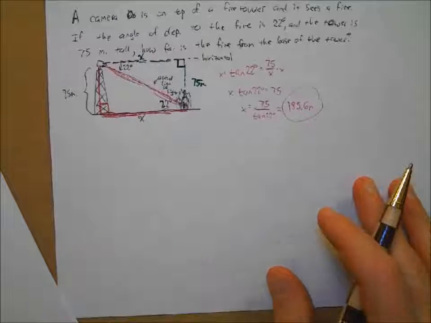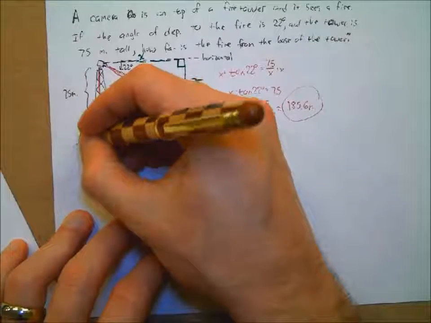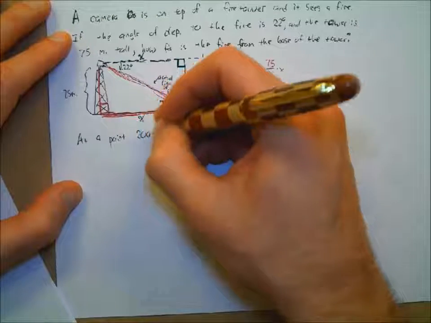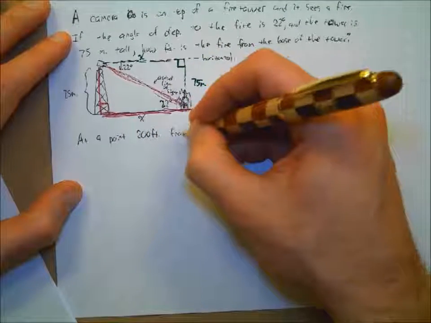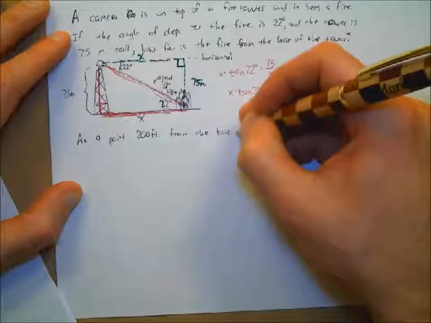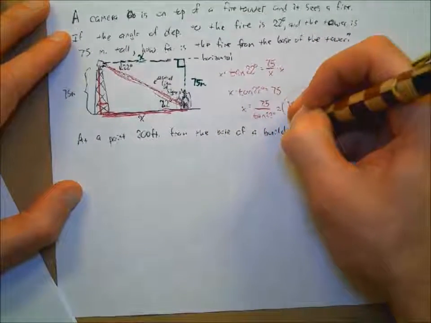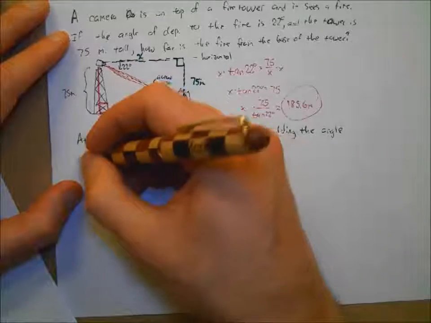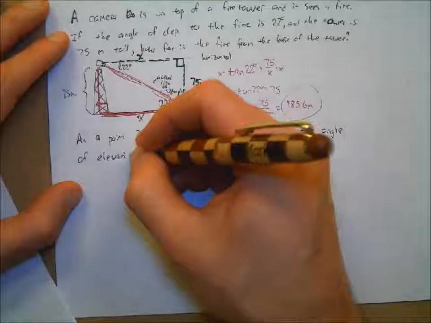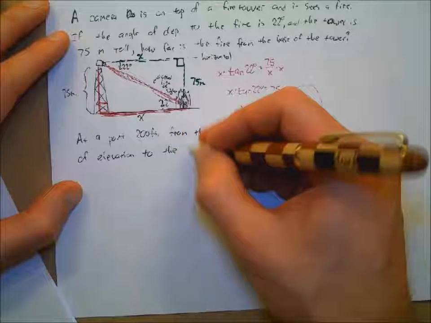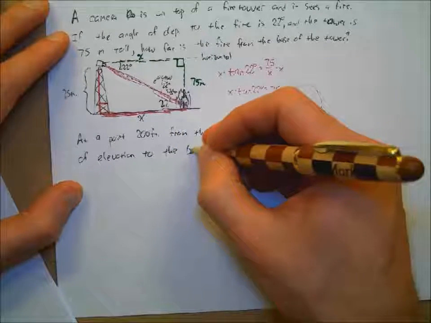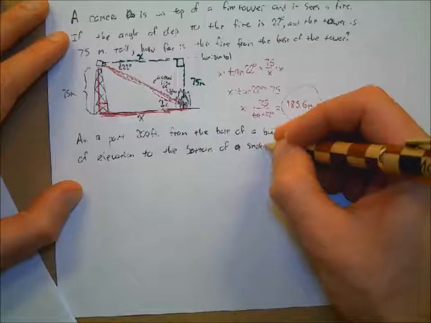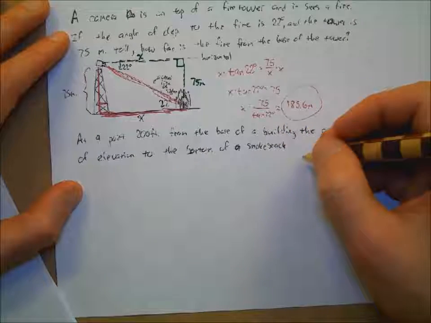All right. Next one. At a point 200 feet from the base of a building, the angle of elevation to the bottom of a smokestack is 35 degrees.